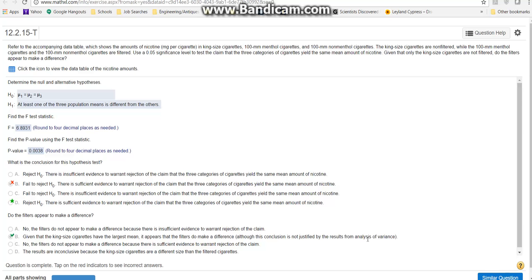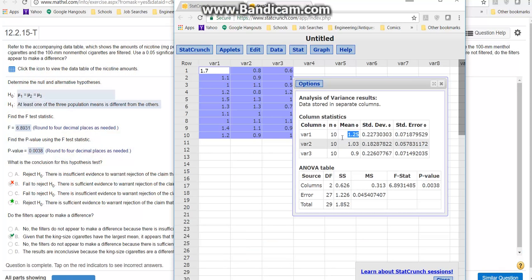So in other words, what we're saying here is that statistically speaking, there is at least one difference here. But we did not do a post hoc analysis to determine which of the three, I should say, and it may be more, are statistically different.